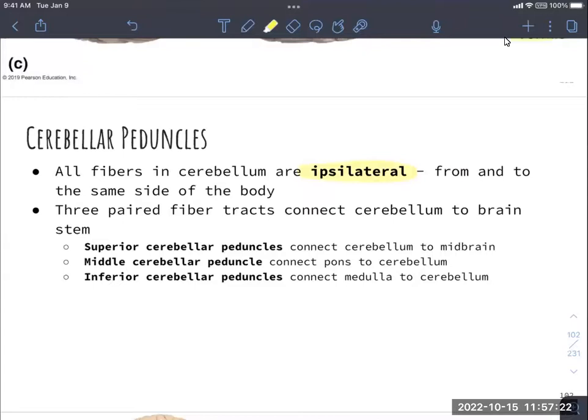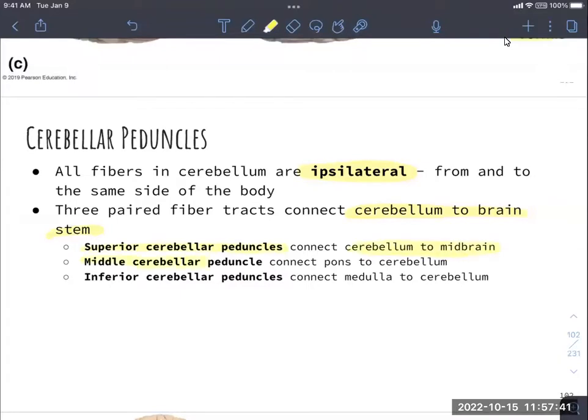And we have fiber tracts, of course, that are connecting the cerebellum to that brainstem. Those are those peduncles I mentioned. The superior cerebellar peduncle goes from the cerebellum to the midbrain.